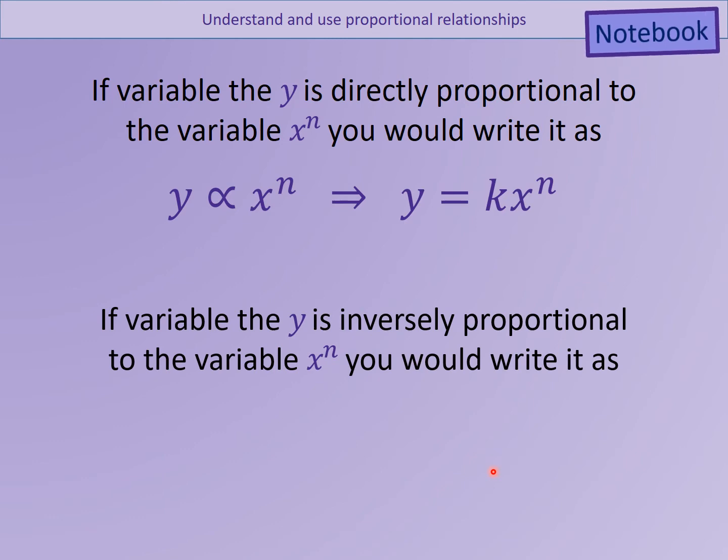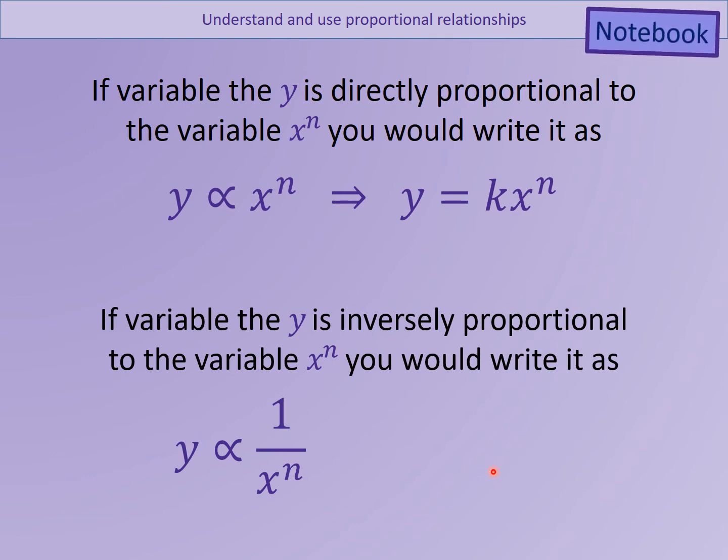What about this one? You might have seen those words: y is inversely proportional to x to the n. So what does it mean to be inversely proportional? Well, you'd be incorrect if you thought it was to do with being negative. We'll talk about when to use a negative symbol later. If it's inversely proportional, it means that you are dividing by it rather than multiplying.